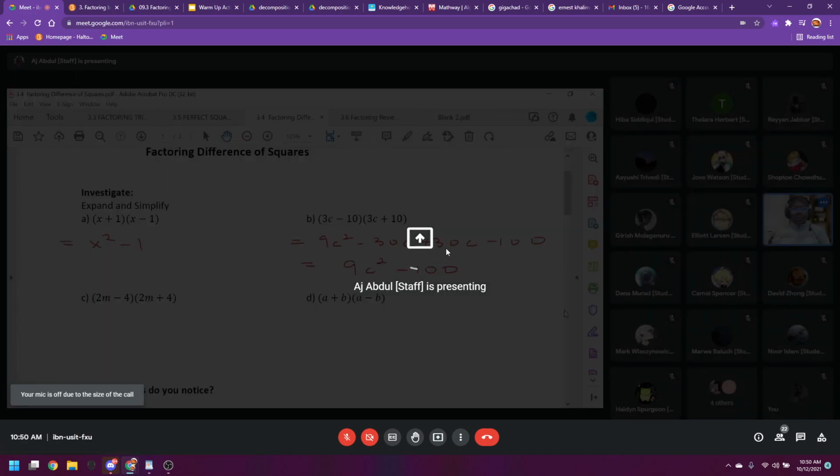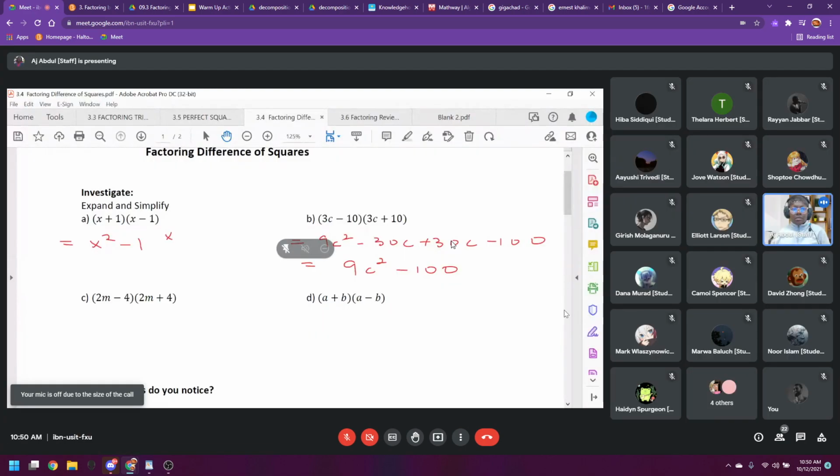Once you expand it, this here is going to be x squared plus 1x minus 1x minus 1, which is then equal to that. So what do you notice though?